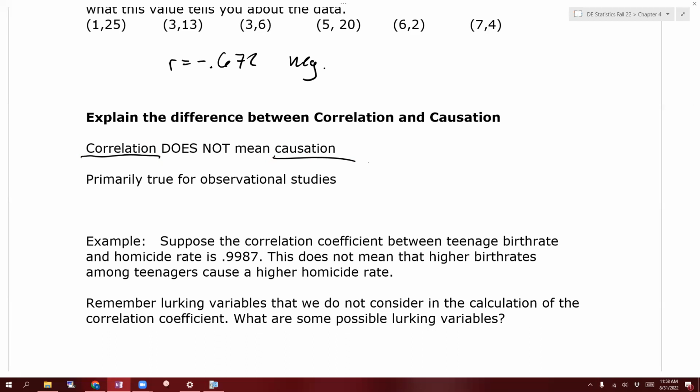And it doesn't, because when we're talking about correlations, it doesn't do a cause and effect. We chose X to be our explanatory, but if we reversed it and flipped our two variables, that wouldn't necessarily change our R value. And so it doesn't give us a causal link. It just says these two things are related to each other. And so you have to be very careful about that.